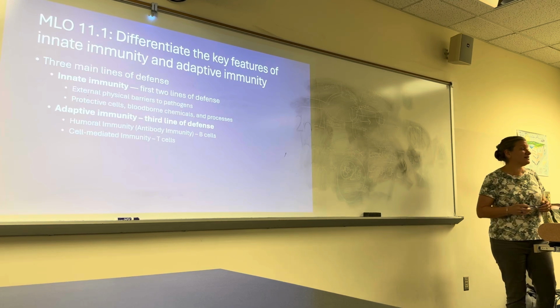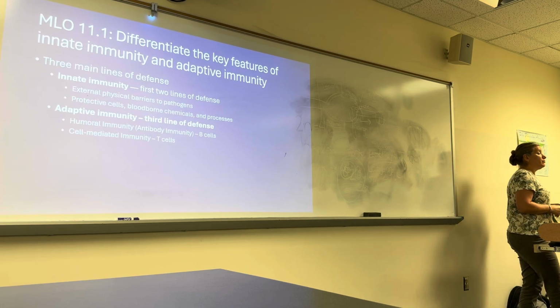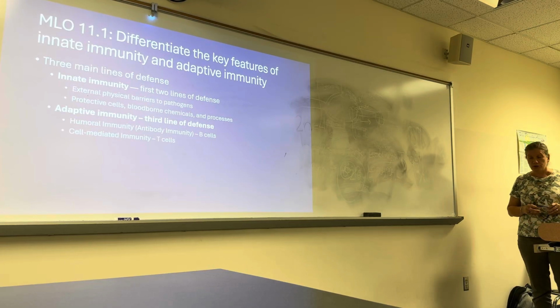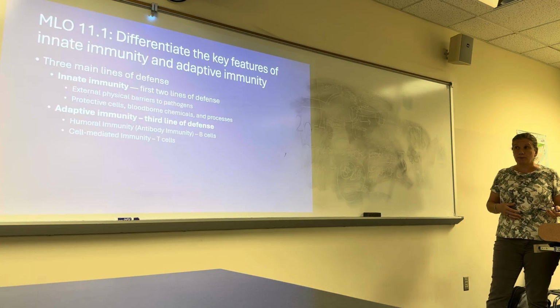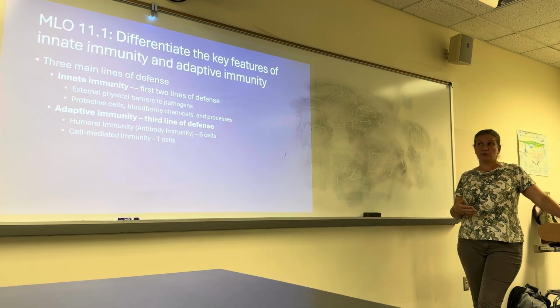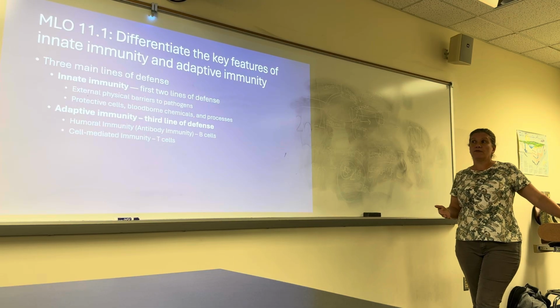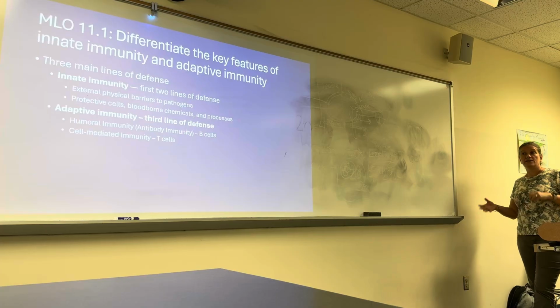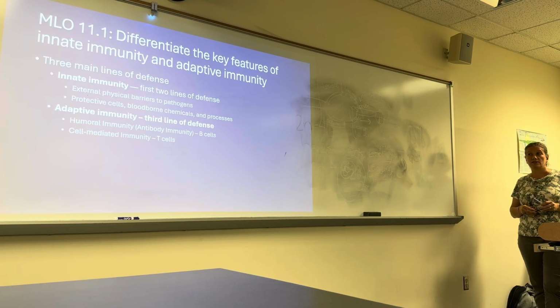As compared to the adaptive immunity, which we refer to as the third line of defense. In this case, we are also looking at protective cells. Just like with the second line of defense, these protective cells are going to be coming from the blood, and these cells are going to have specific activities.